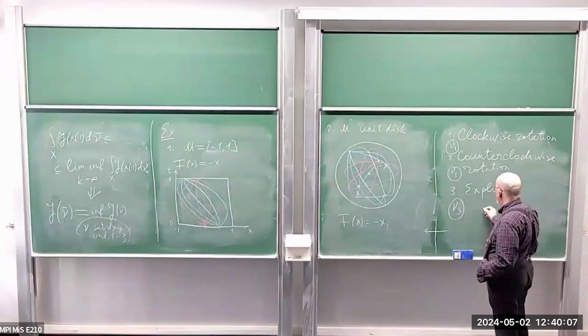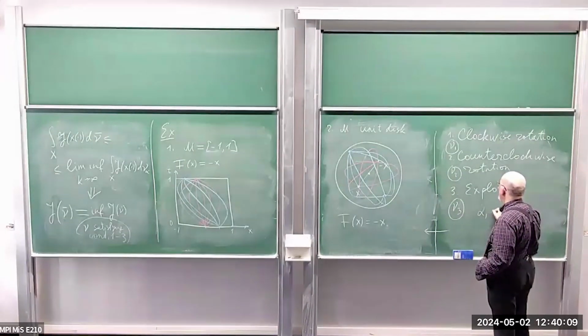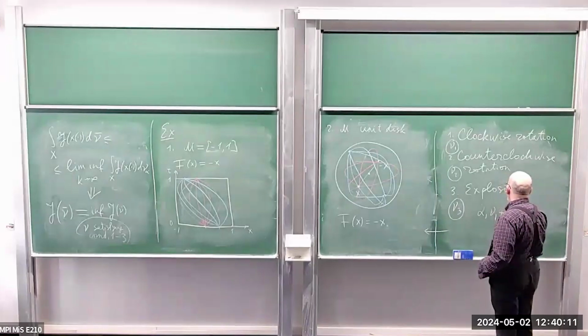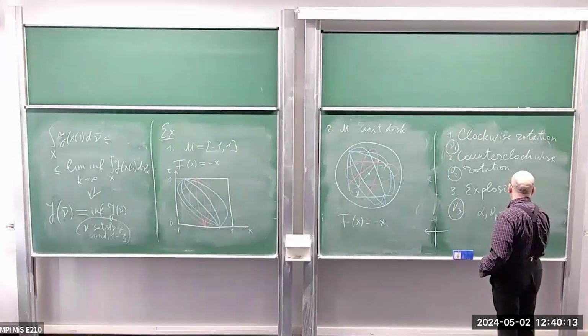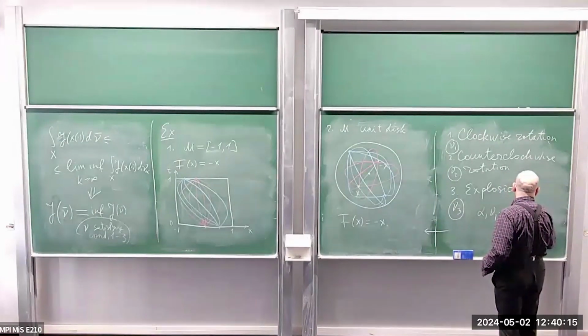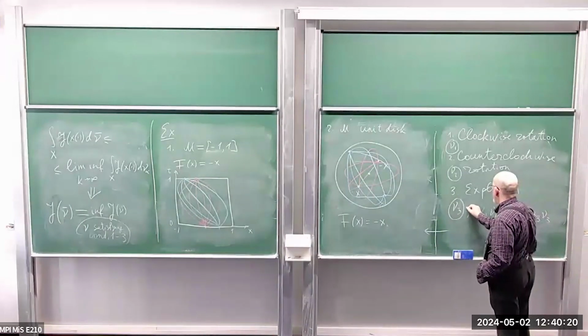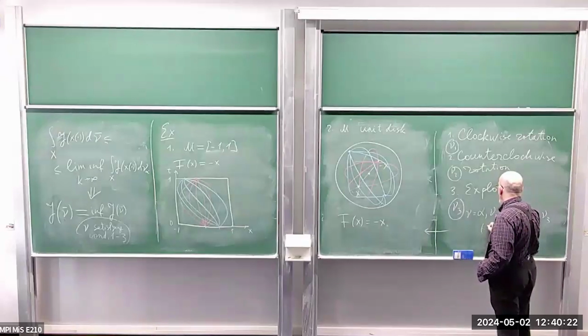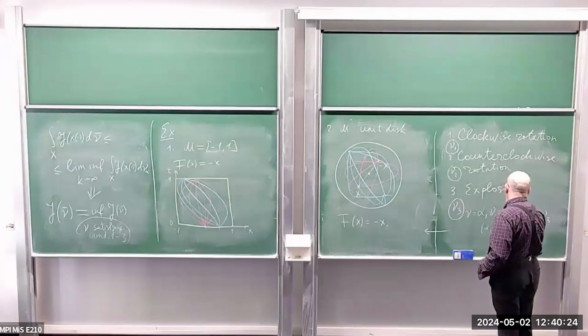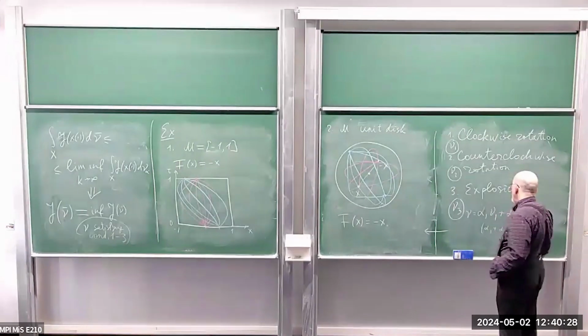You take, say, alpha 1 mu1 plus alpha 2 mu2 plus alpha 3 mu3, with alpha 1 plus alpha 2 plus alpha 3 equal to 1.